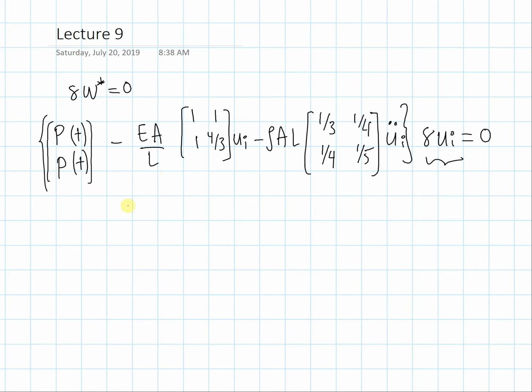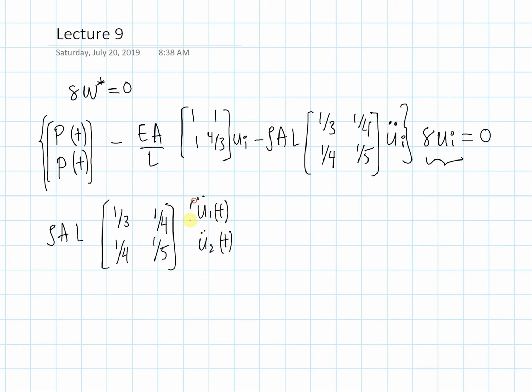So what we end up with is rho AL, the matrix, and then I have the stiffness term.